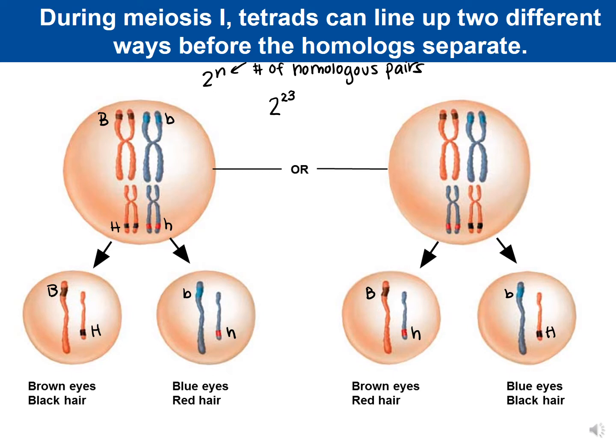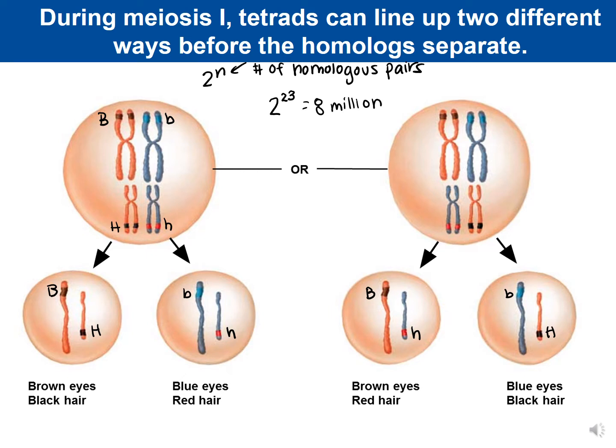Now, that's in my body, right? So 2 to the 23rd power, if I recall properly, is approximately 8 million different combinations. My gametes can produce 8 million different options.